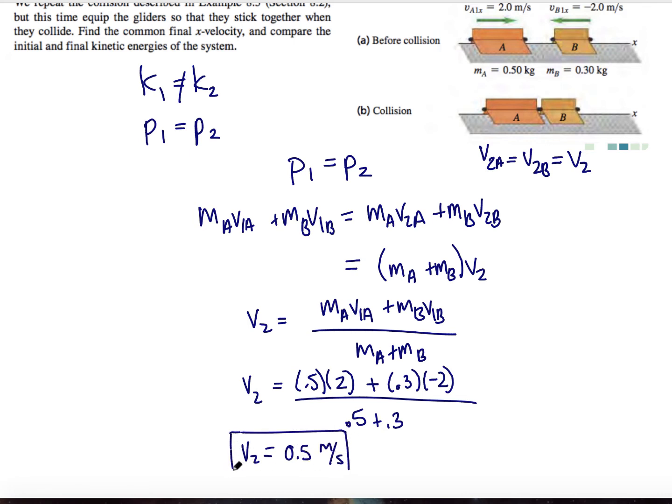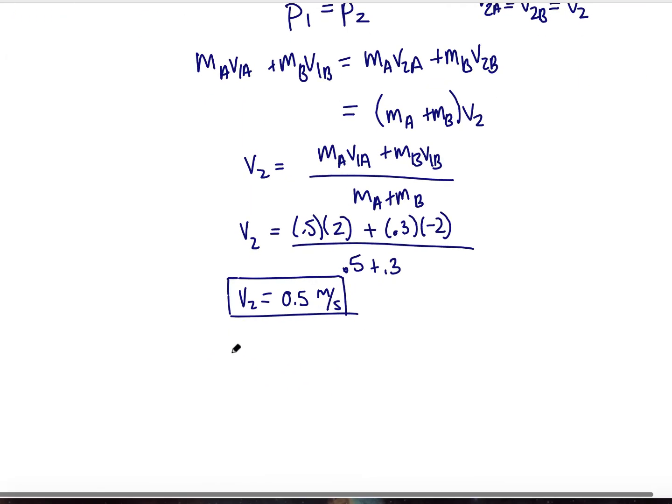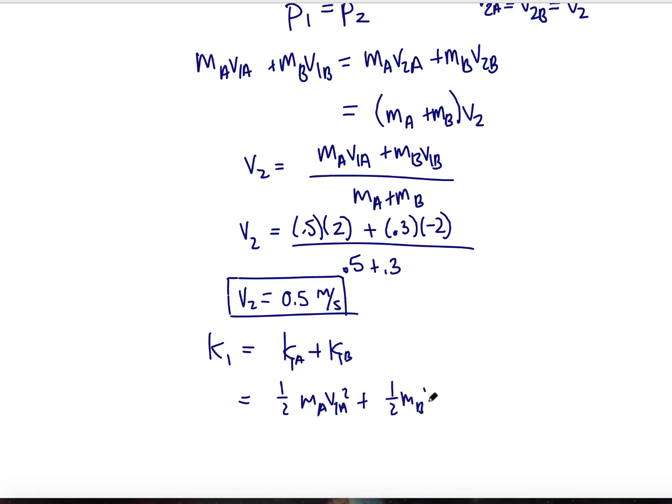So this is meant to be just a quick refresher of how to deal with an inelastic collision. Then, when you go on and talk about the initial and final kinetic energies, you can do so rather easily because K1 is going to be equal to Ka plus Kb, and I guess we'll say that these are K1a and K1b, which is 1/2 mass of A times its initial velocity squared plus 1/2 mass of B times its initial velocity squared.